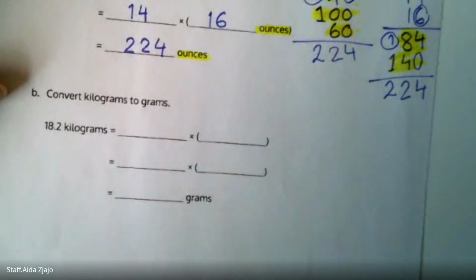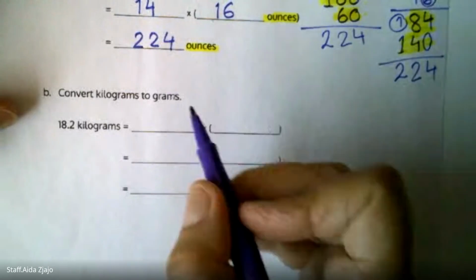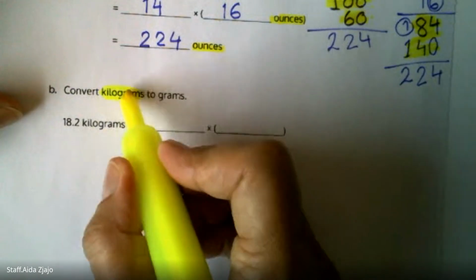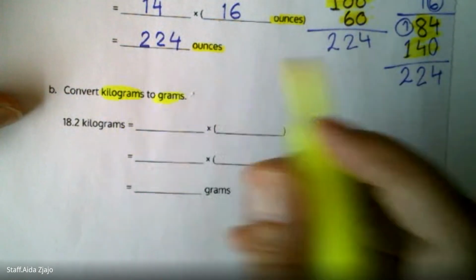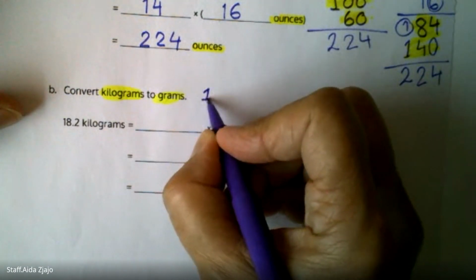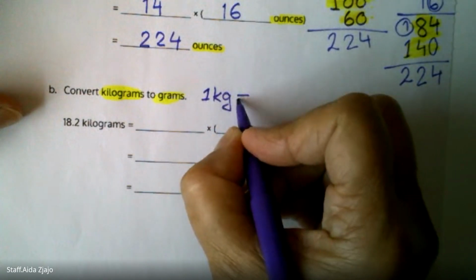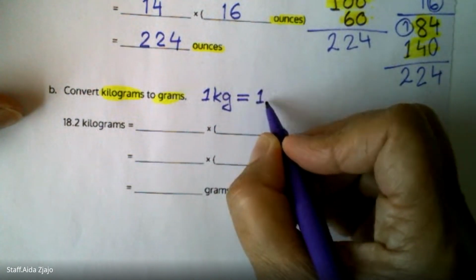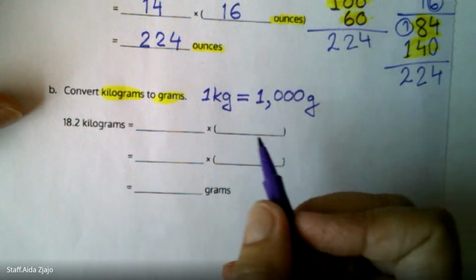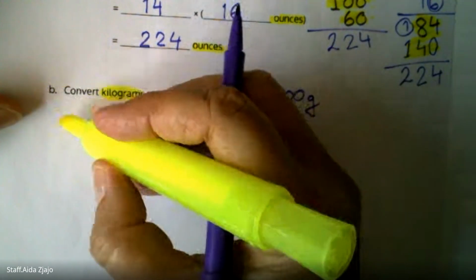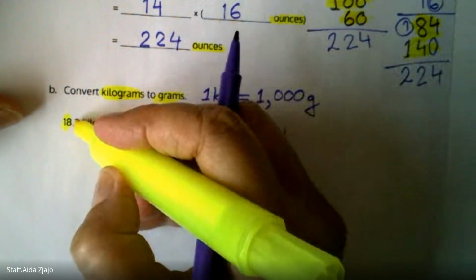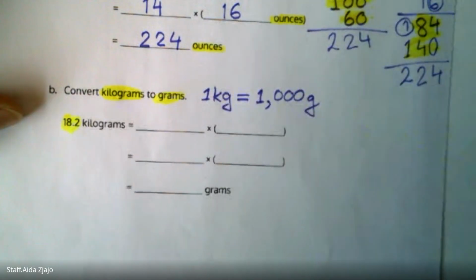Okay. Convert kilograms to grams. Kilograms are a bigger unit than grams. 1 kilogram is equal to 1,000 grams. Here you have 18 and 2/10 kilograms, 18.2 kilograms.